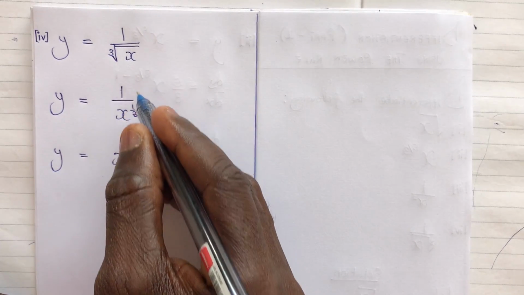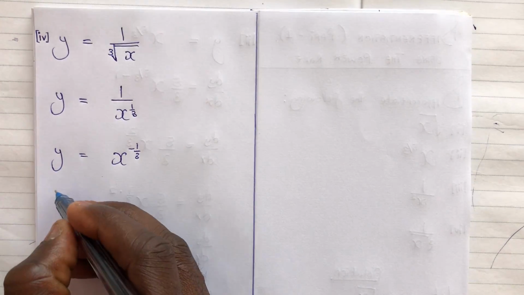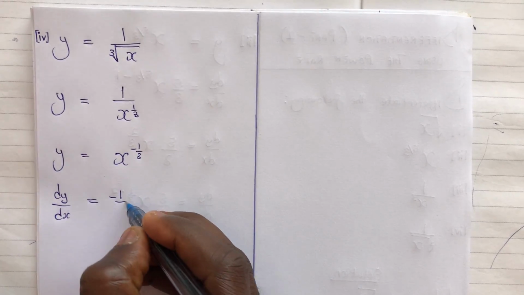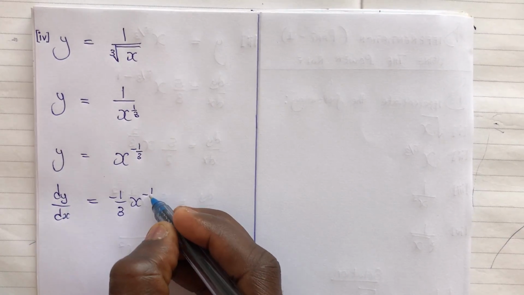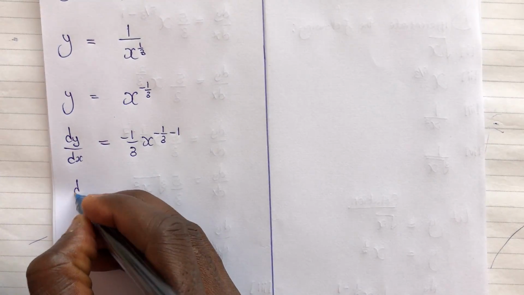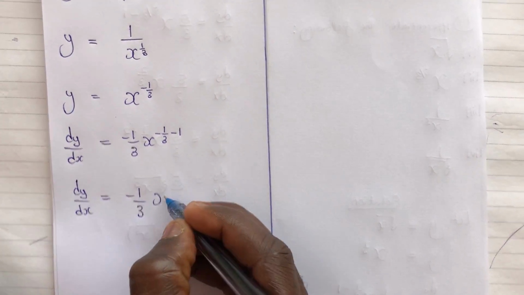Once I cross this to the other side, the sign changed to negative. Now we can apply the power rule by differentiating this. So we have dy/dx giving us negative 1 out of 3, x minus 1 out of 3, reduce the power by 1.